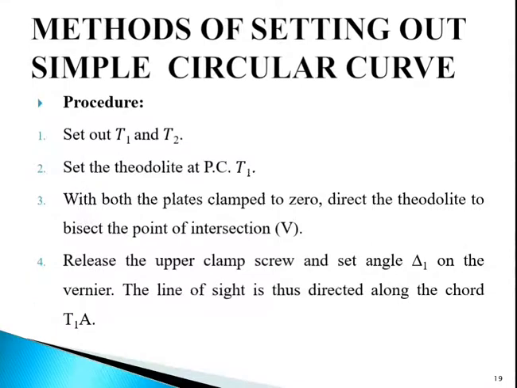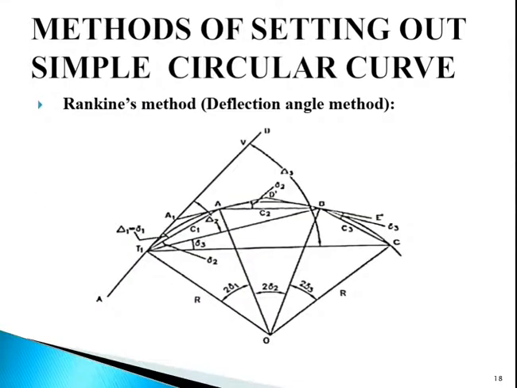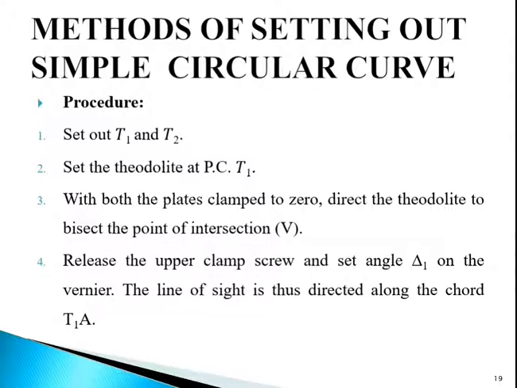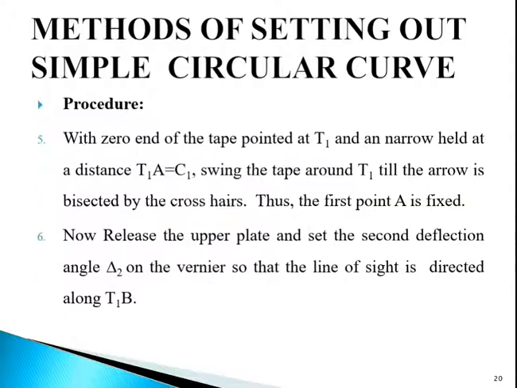Then join T1, A, B, C up to T2 to obtain the required curve. This is also an important one, so be sure you write down the step by step procedure.